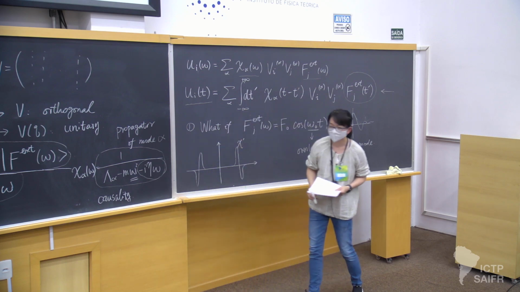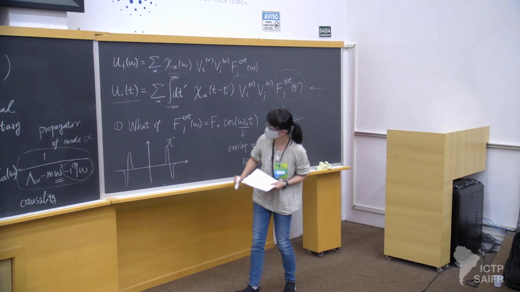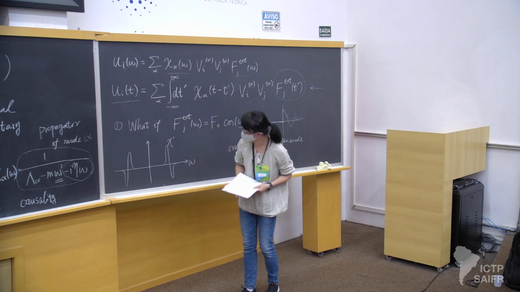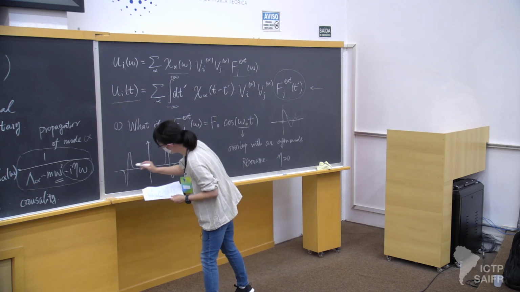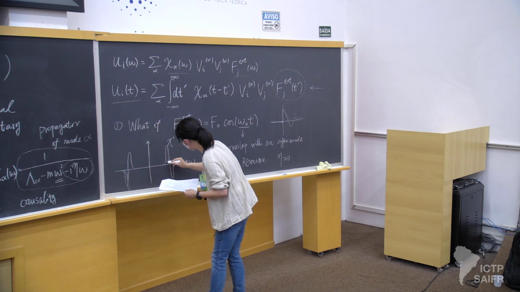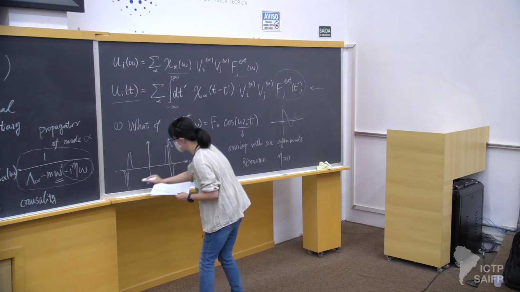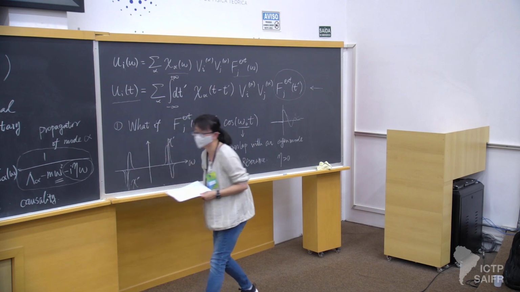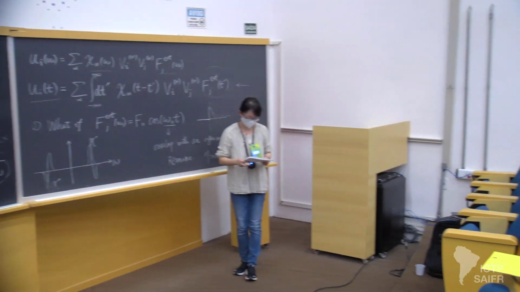This is the real part. It is an even function as a function of omega. And then you have the imaginary part. This is chi double prime, which is an odd function. Okay?